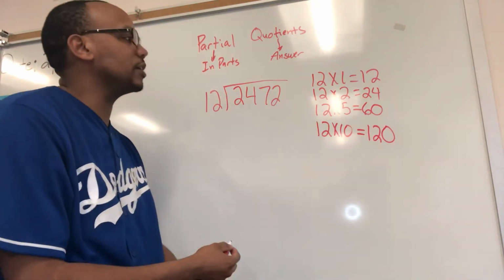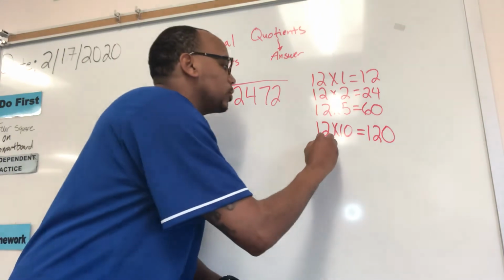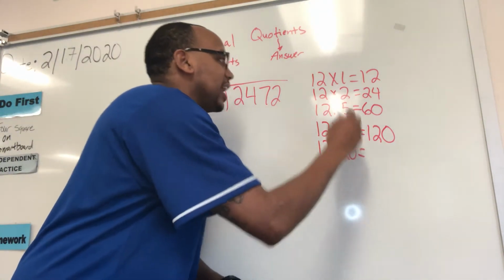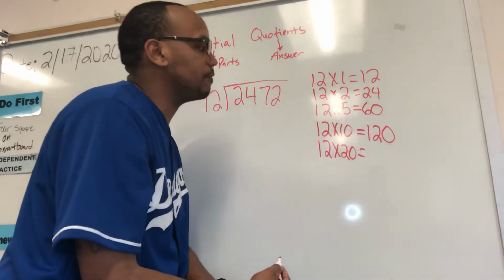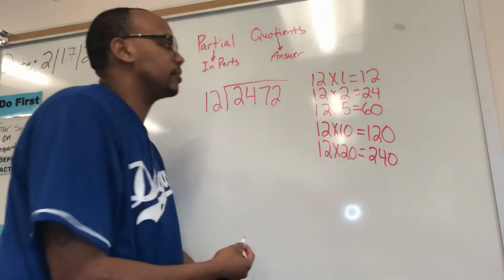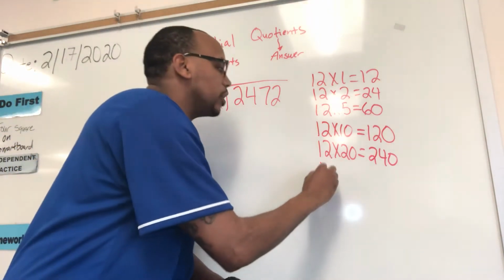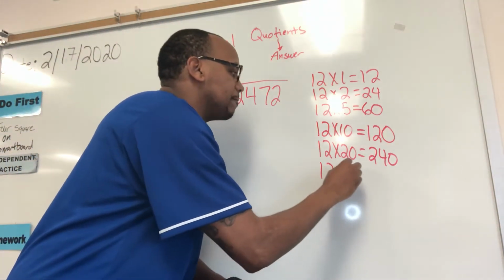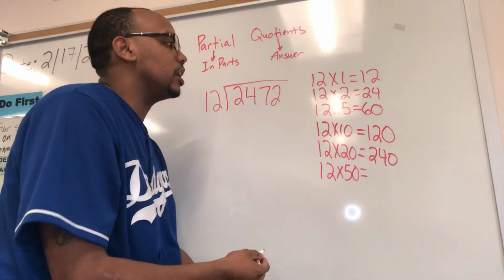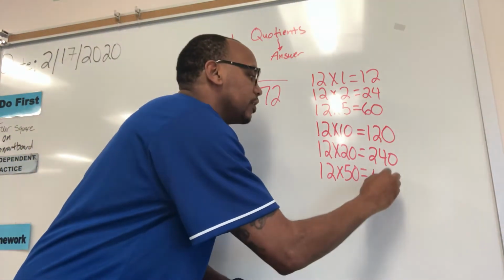So that's 120. Then I'm going to do 12 times 20. I'm going to take the answer for 12 times 2, which is 24, and put a 0 behind it. That's 240. Then I'm going to do 12 times 50. 12 times 5 is 60, so I'm going to write 60 and put another 0 behind it.